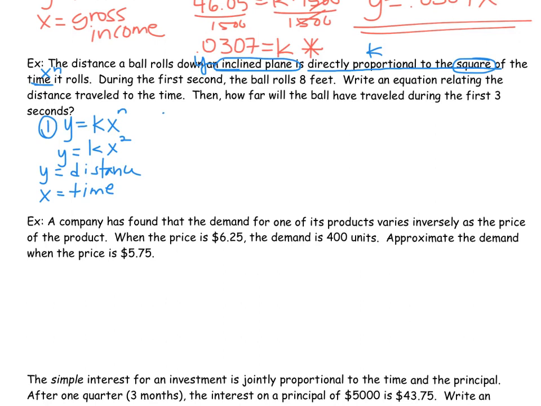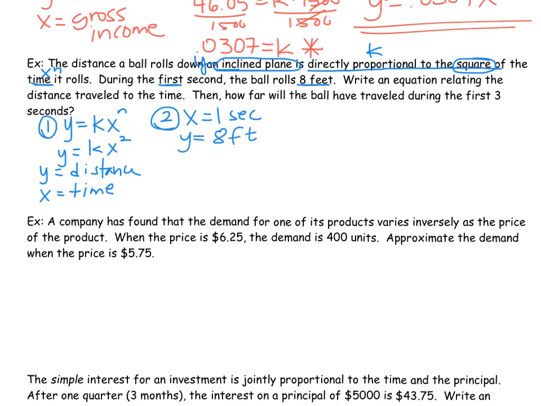Step 2, it says, during the first second, so when time is just 1 second, the ball rolls 8 feet. So that's the distance. I'm sorry, let's rewrite this. If time is 1 second, that's what x equals, not t. Sorry about that. 1 second. And then y is the distance. That's 8 feet.